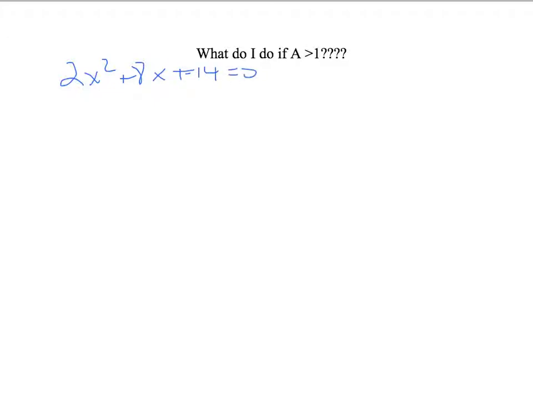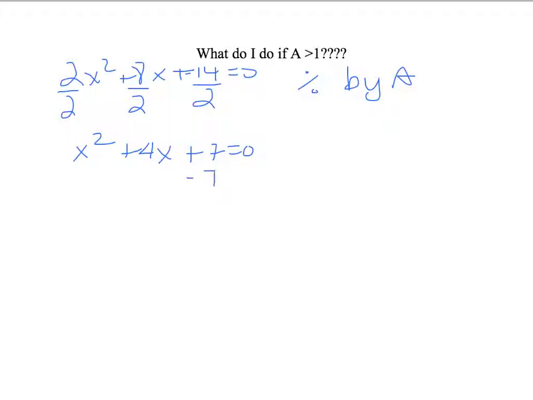Well, I want to make my coefficient in front of the x squared 1, so I am going to divide by a. So if I divide everything by a, I'm dividing everything by 2. And I get x squared plus 4x plus 7 equals 0.